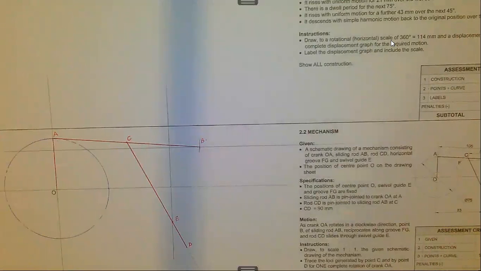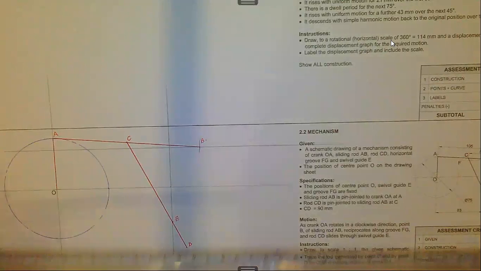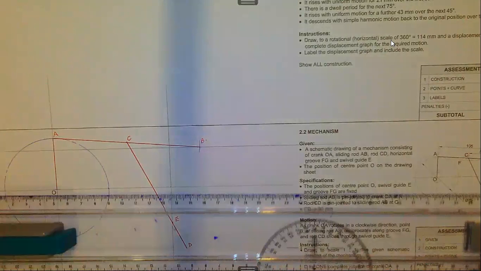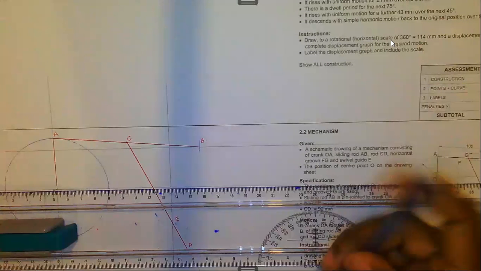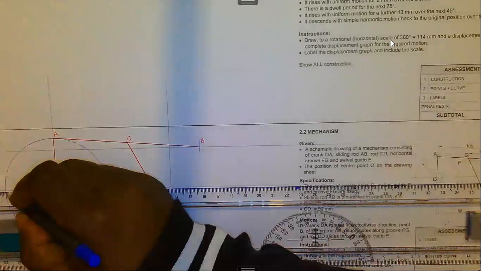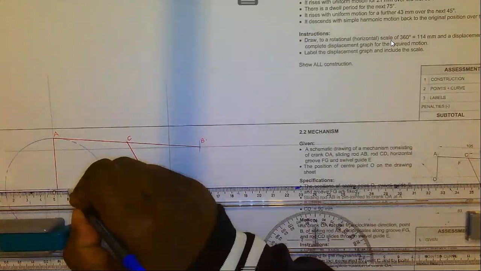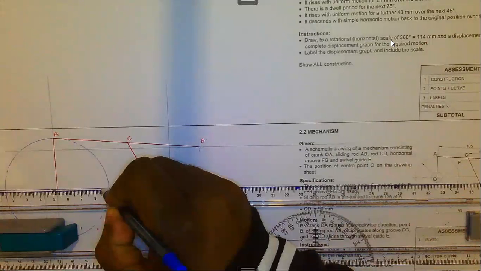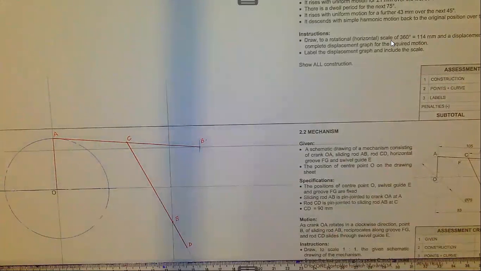Now, at this point, we can show the center lines. It's critical. Remember, you copy everything except for the dimensions.